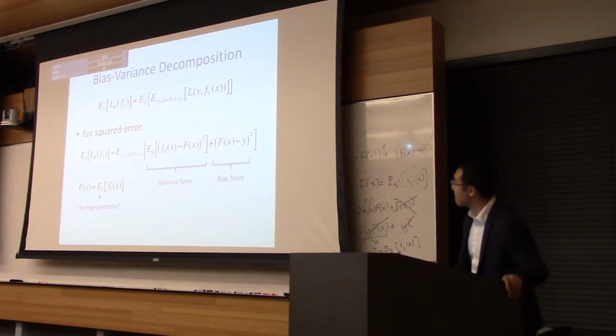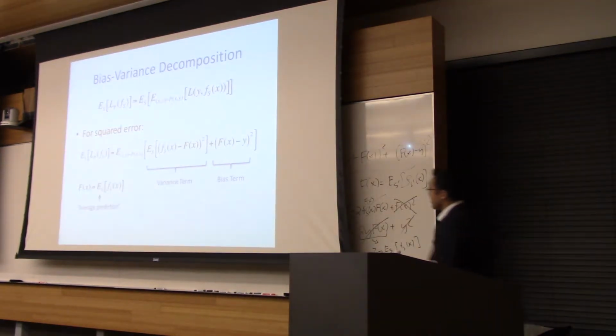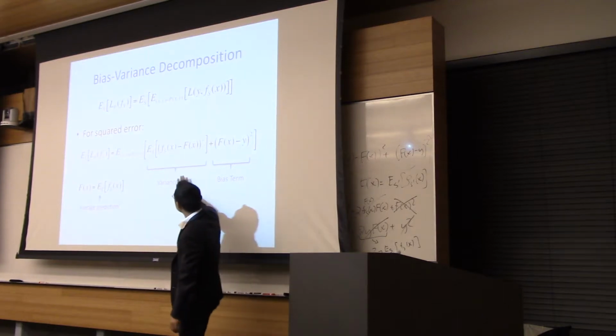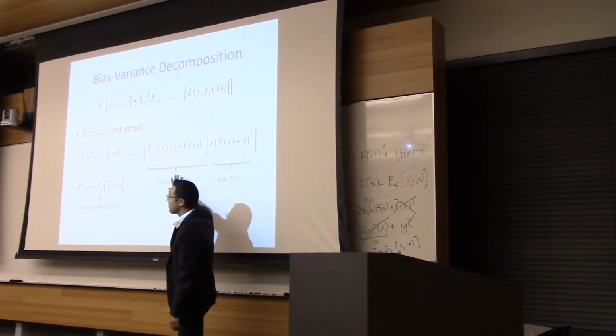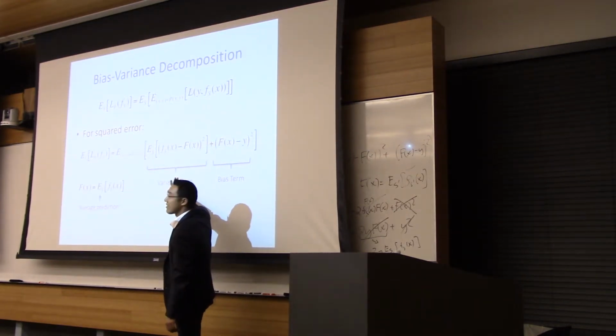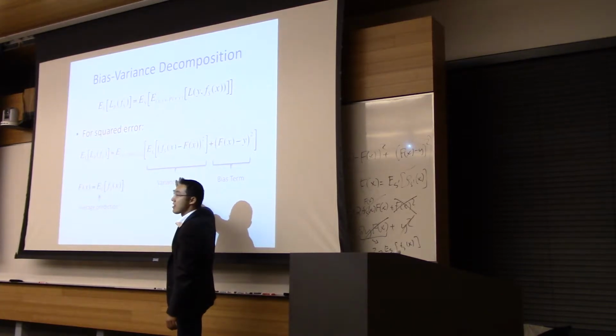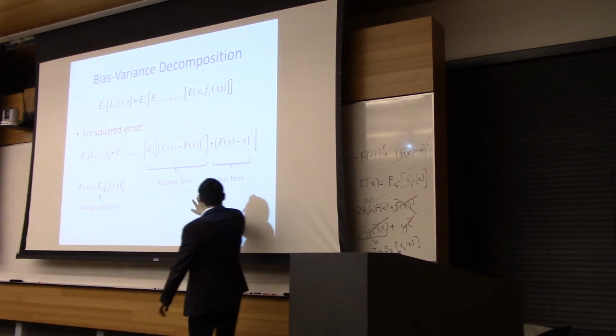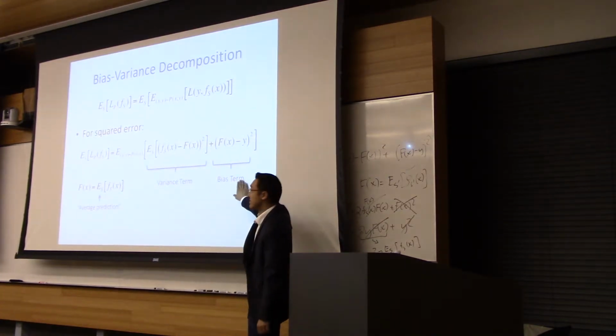Okay, so this is the variance term. This does not depend on y, the target label that we're trying to measure the error of our prediction of. The only thing that depends on y is this guy, which is the average predictor.